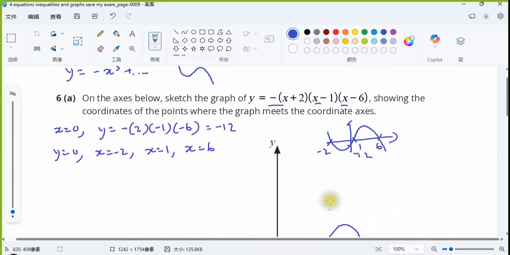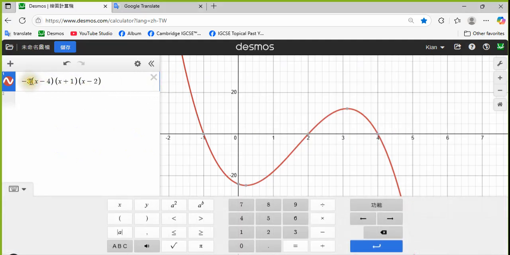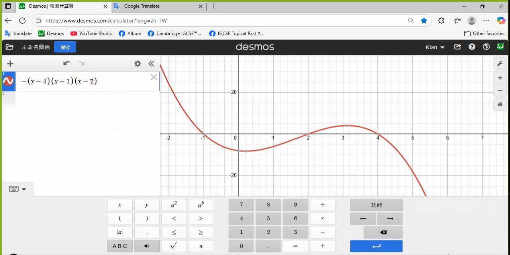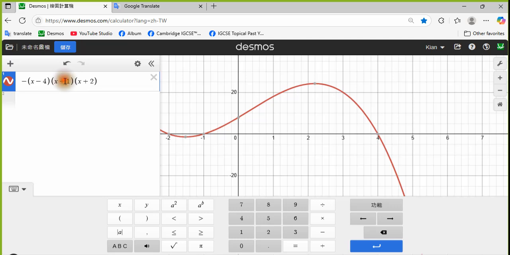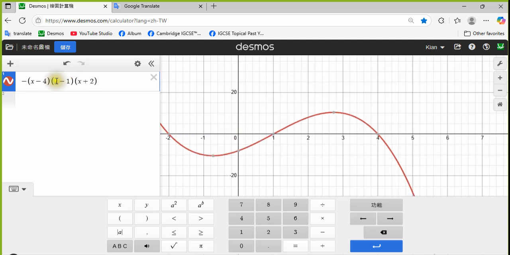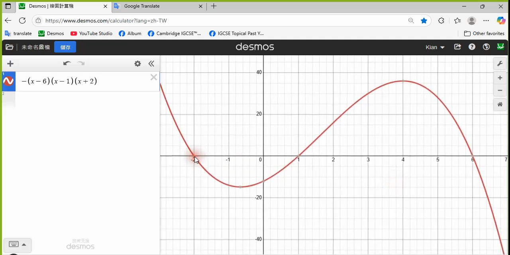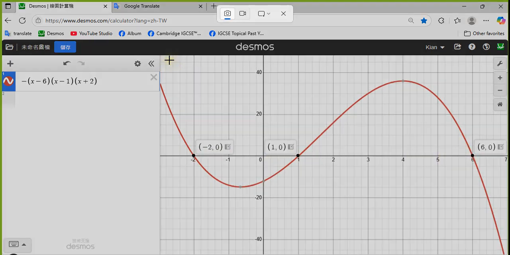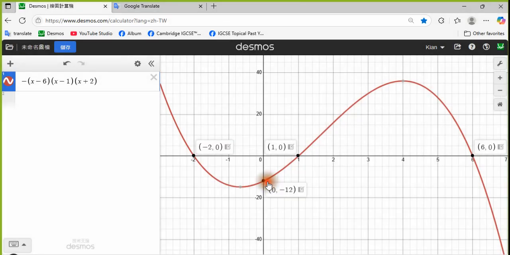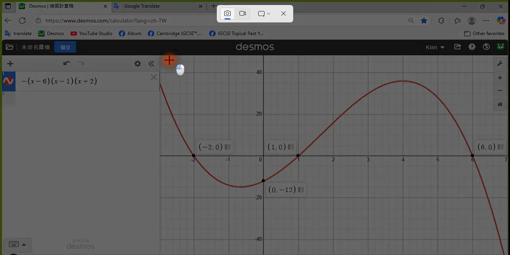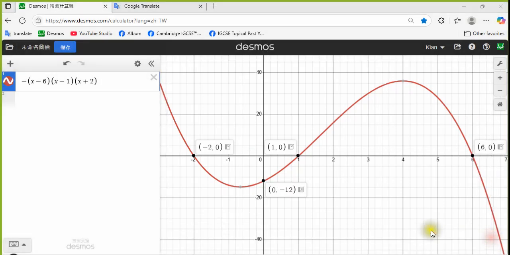So if we use decimals, negative x plus 2, x minus 1 and then x minus 6. So this is how the graph looks like. So we have the -2, 1, and the 6. And then 12 is the y-intercept. So this is how the graph looks like.